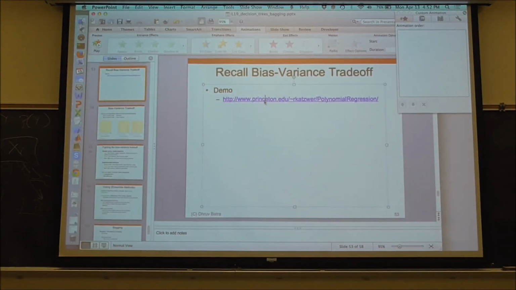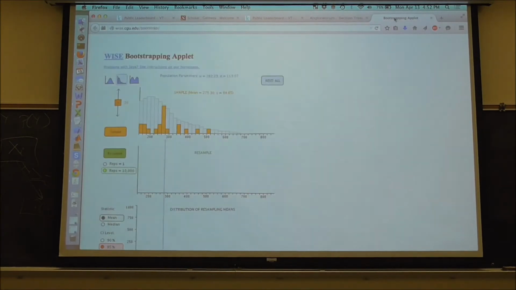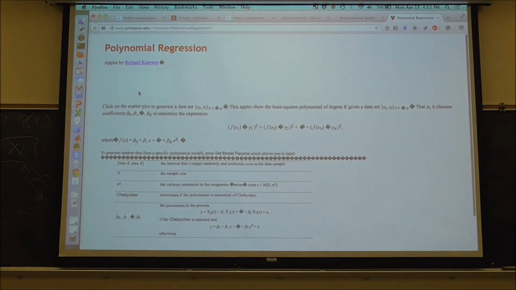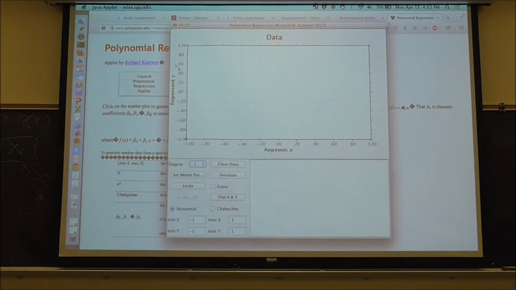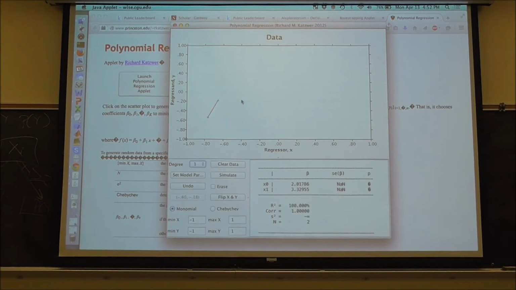The thing to always keep in mind in any of these things is the reason why I like this demo that I'd shown you guys. We did this for polynomial regression, and back then this was simple and it made a lot of sense.